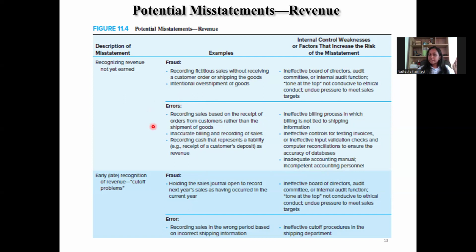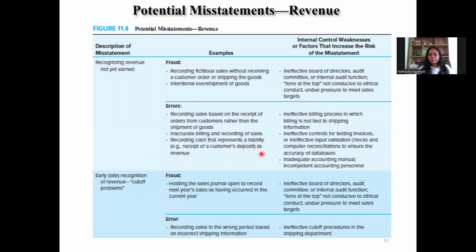What if you are raising the invoice based on the sales order? That is wrong. You have to compare it with the GDN, that means goods dispatch note, as well. So that is maybe not a fraud, maybe it can be an error, or inaccurate billing and recording of sales. So you have errors of recording the values.